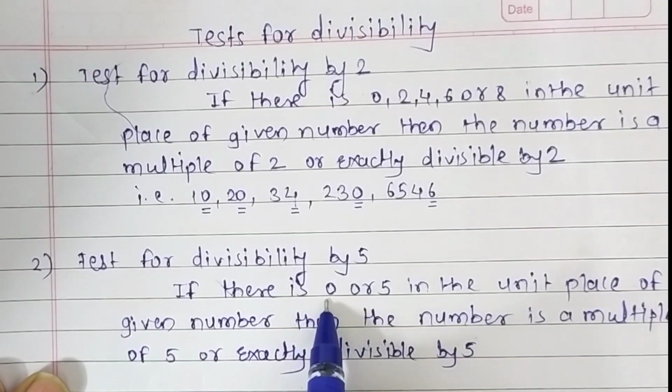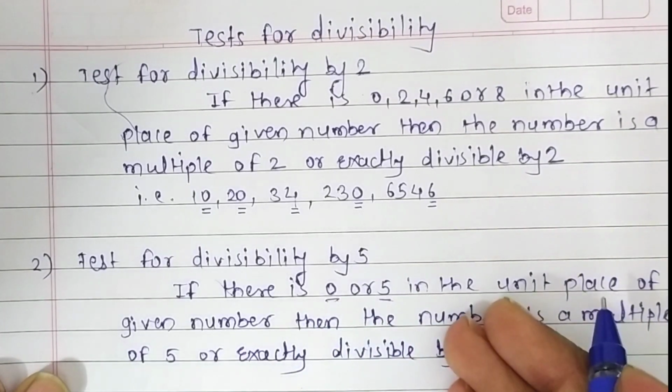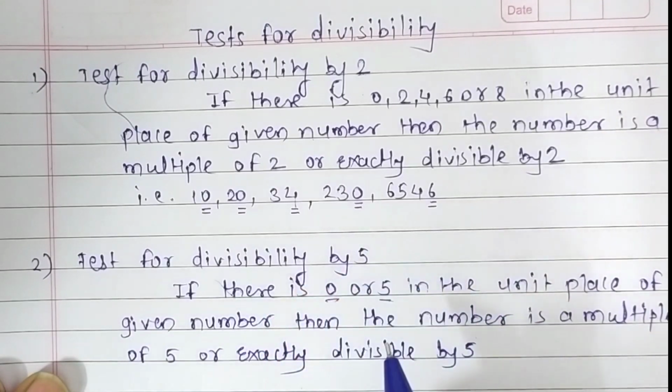Here the digits 0 and 5 are important for our divisibility test of 5.